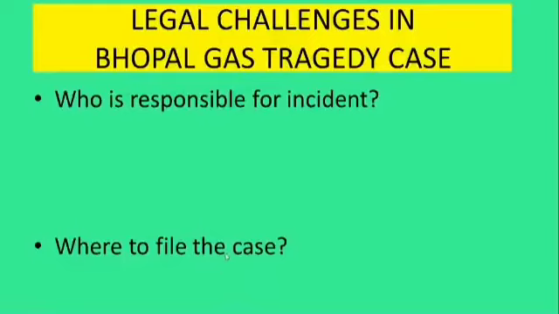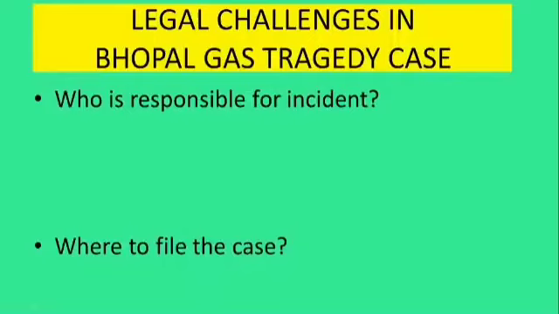Some people believed that the case should be filed in India because this incident took place in India, and the UCIL plant was right in the center of Bhopal city, and therefore the case should be filed against UCIL in India. But there were many people who believed that the case should be filed against UCC, that means Union Carbide Corporation. And since the company was operating from America, people believed that the case should be filed in America.